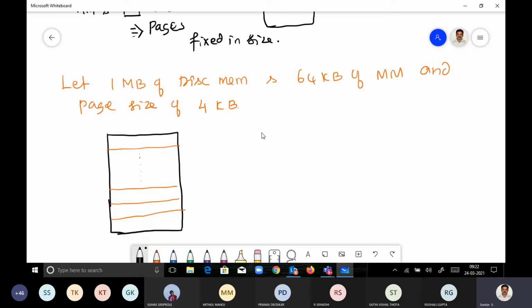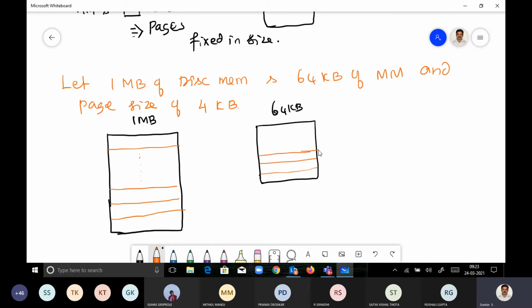Similarly, we have 64 KB of main memory, and it is also divided into pages. Suppose the page size is 4 KB here, then here also the page size must be 4 KB. So that's the idea.